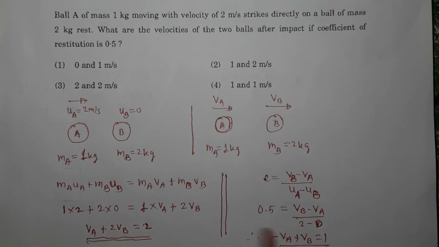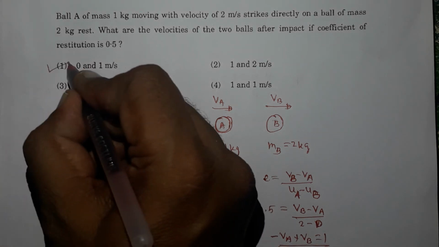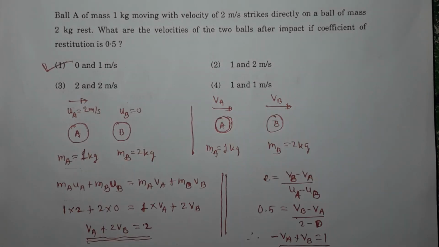So solving these two equations together, we will get the velocity of A after impact as 0 and velocity of B after impact will be equal to 1. So option 1 is the correct option. Now you can also check whether your answer is correct or not.